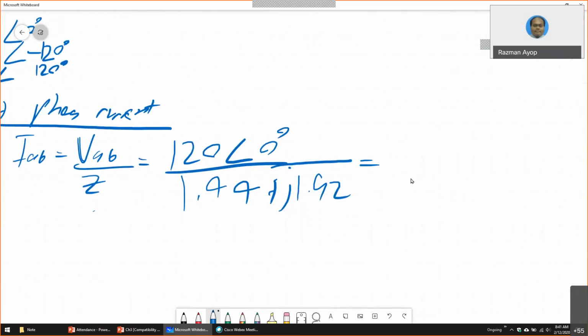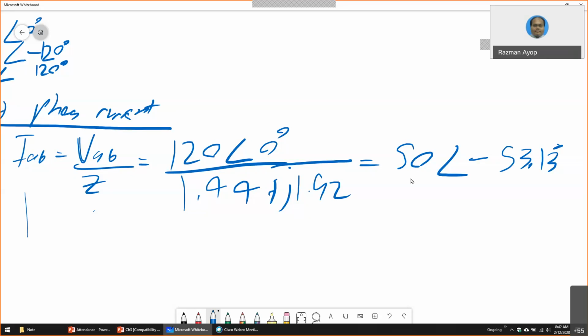So this one is 120 divided by open bracket 1.44 plus 1.92 I. Don't forget rectangular form. So this one is 50 angle negative 53.13 degree.